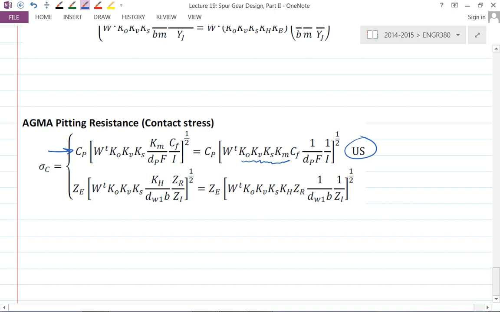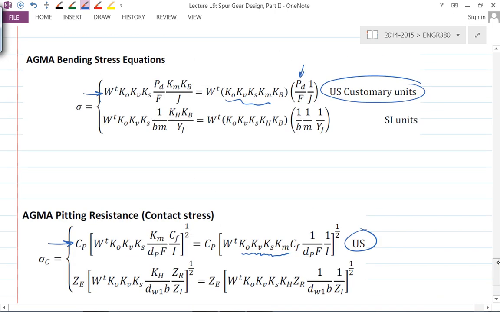So the bottom line is you get two stresses, right? So what do we do with the two stresses? You're designing. So what do you do with the stresses you calculated? You need to compare the stresses with what? Strengths, right? So we're going to have two more equations.